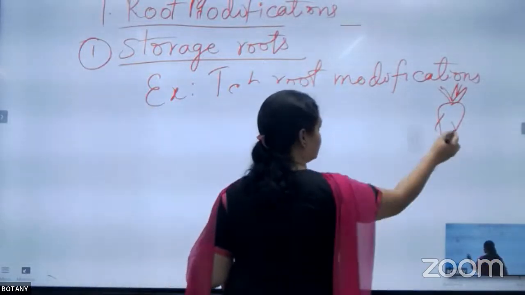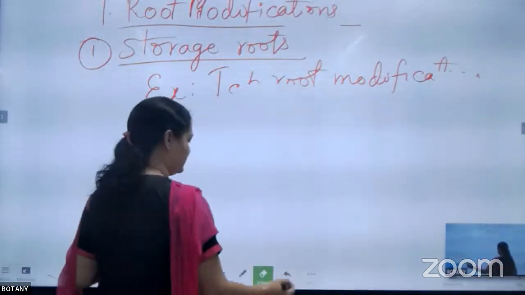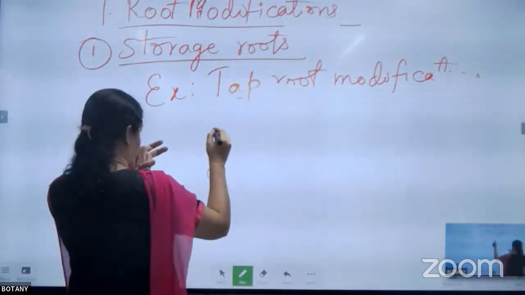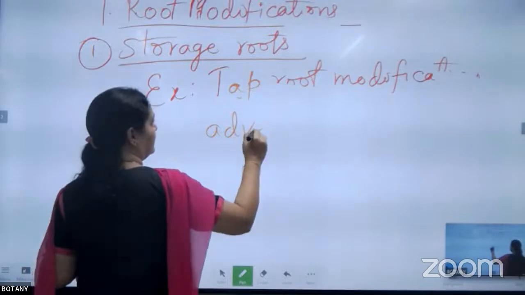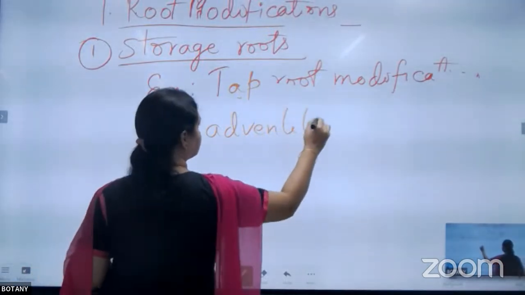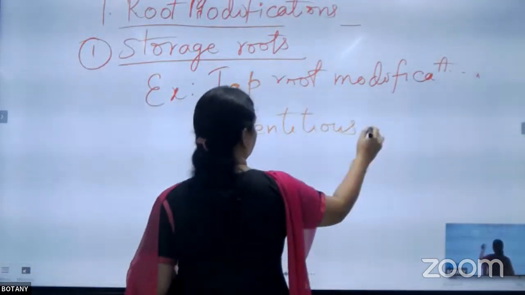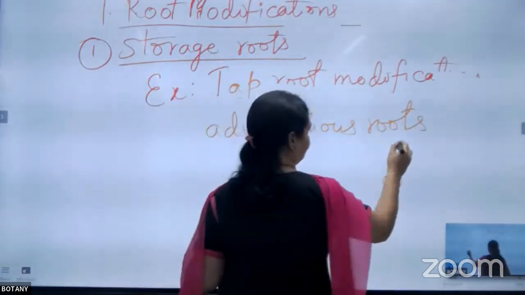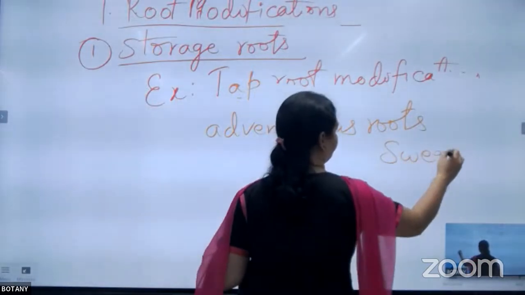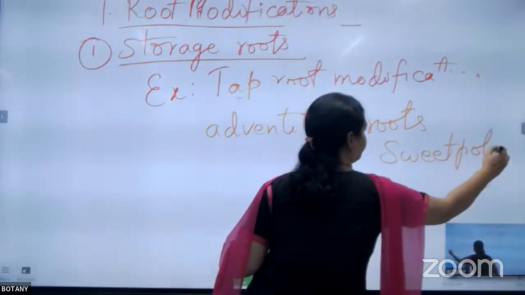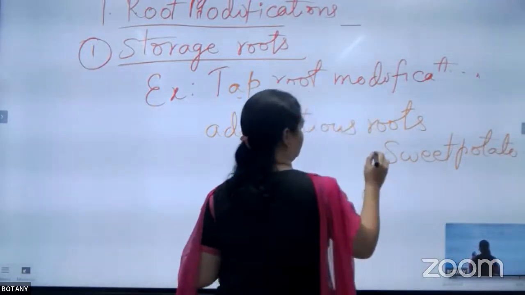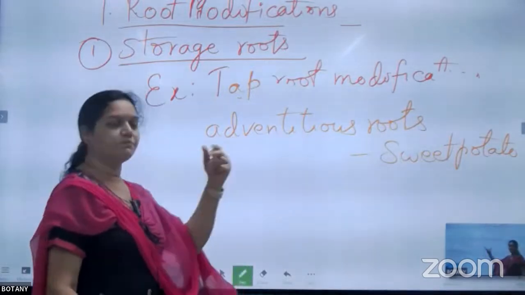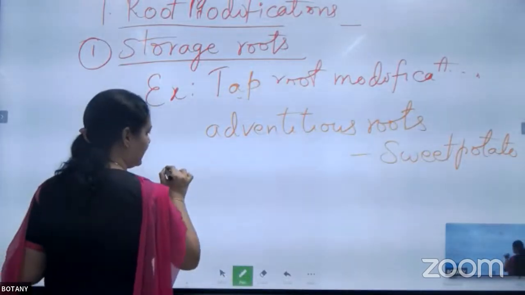When the adventitious roots are storing the food material in them, the example in this is sweet potato. The example for adventitious roots which store the food material is sweet potato, where it does not have any shape.